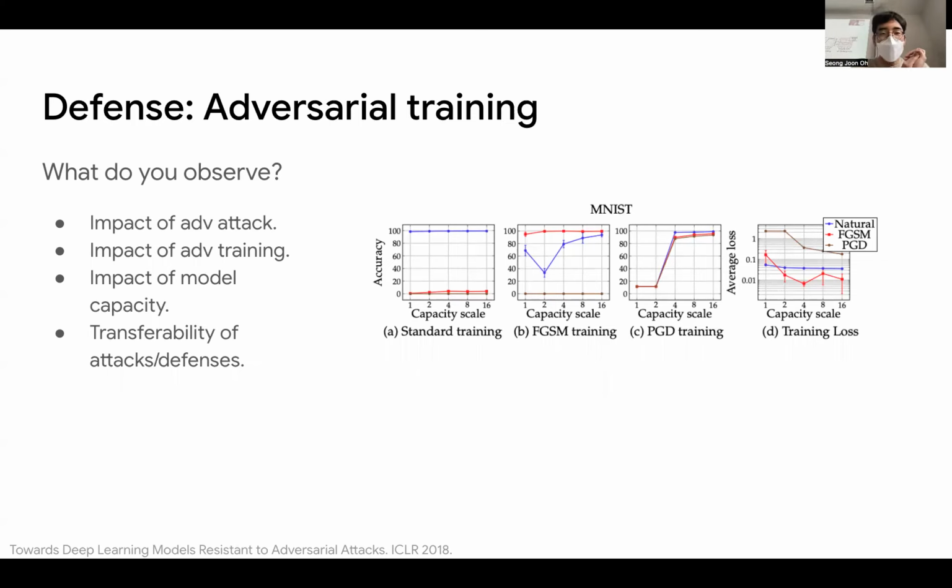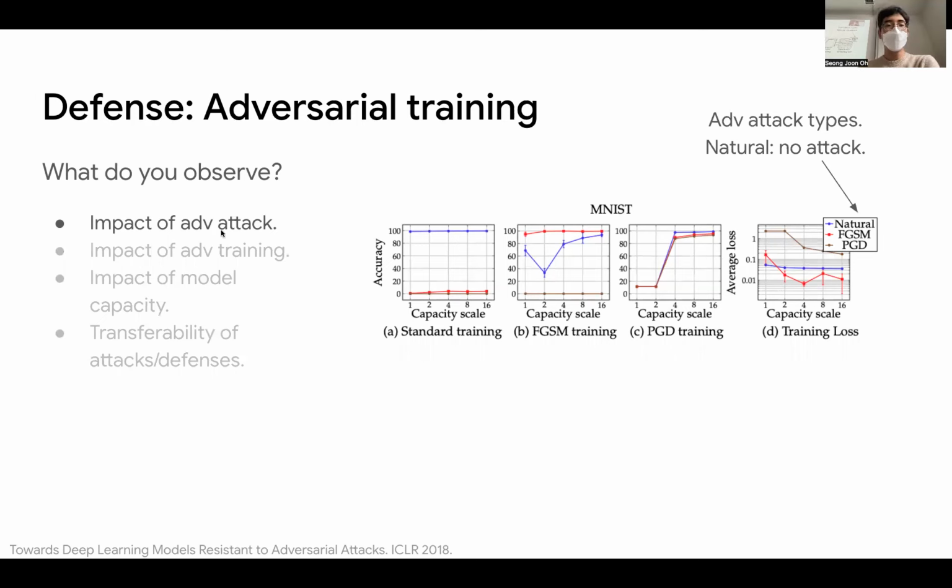So when you do that, this is a kind of nice summary of the effect of adversarial training. I'm going to try to draw a few conclusions from here. The first thing to observe here is the impact of adversarial attack. We have three cases here. Natural means there's no attack. Then FGSM attack, which is very weak. And then there's PGD attack. What is shown is the MNIST accuracy here.